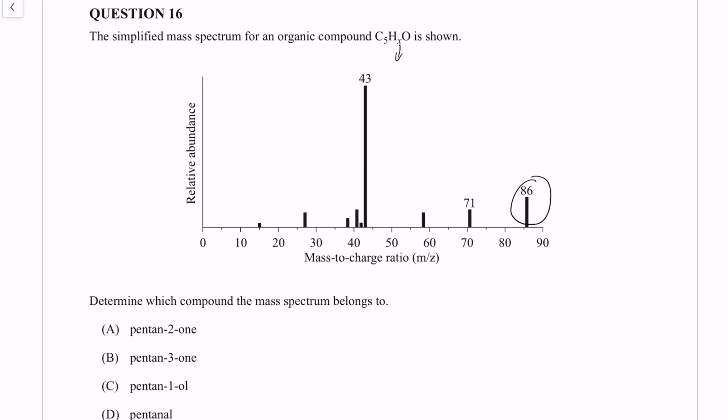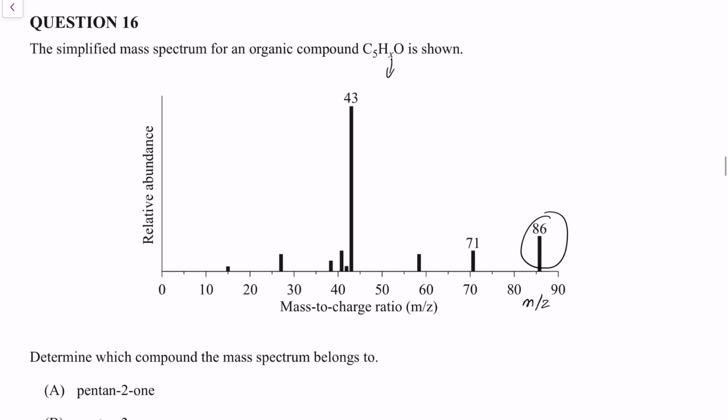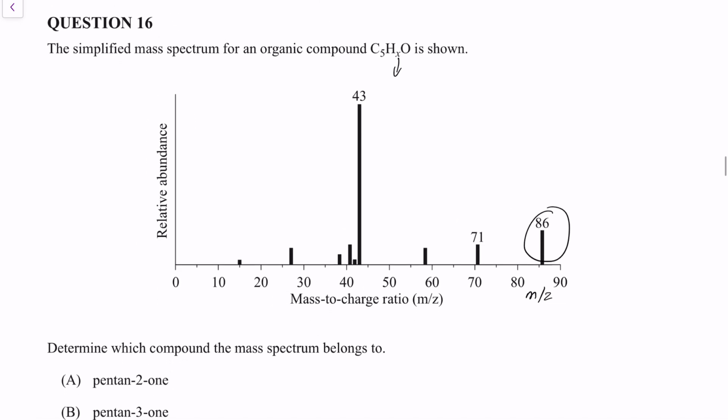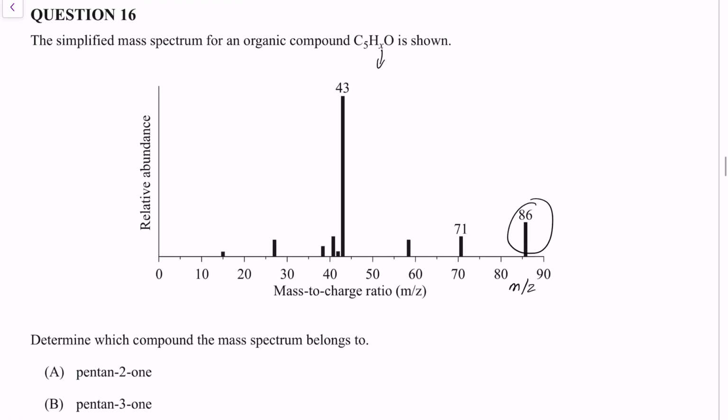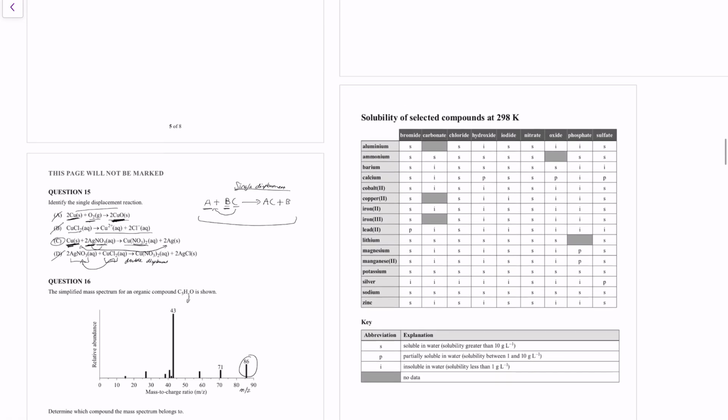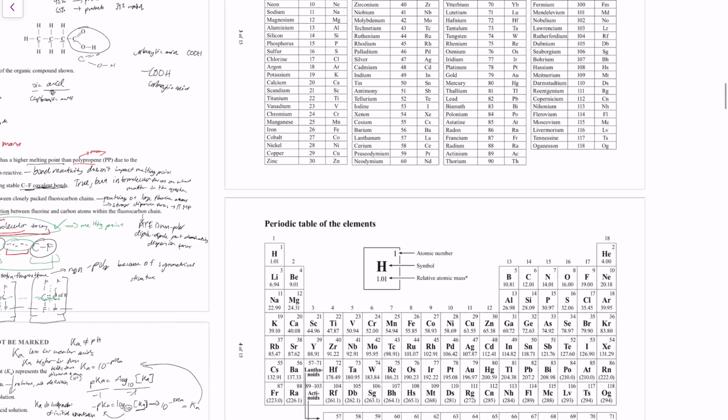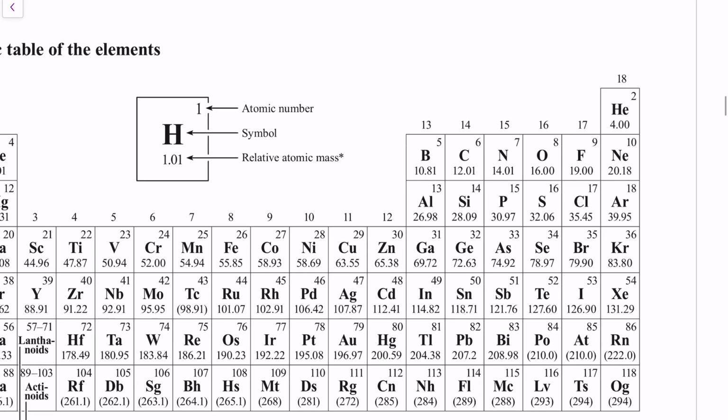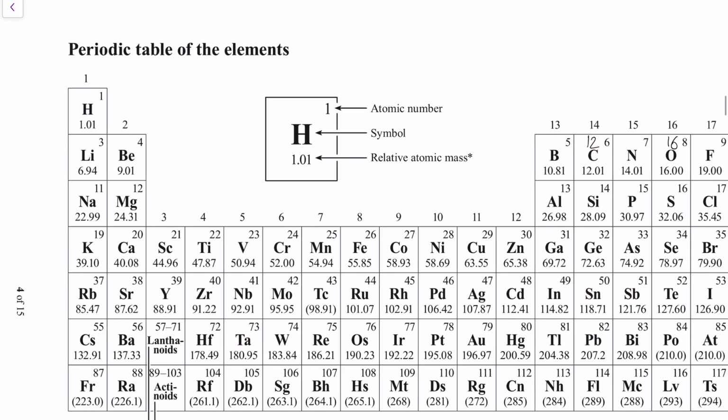It's actually the molecular ion peak, which we refer to as M/C, and that tells us the overall mass of the compound. So if we have our formula sheet, we can see on page 4 the mass of carbon is 12. Okay, so we don't need to use these decimals because we're using mass spectrometry, which uses whole numbers. Oxygen is 16 and H is just 1.